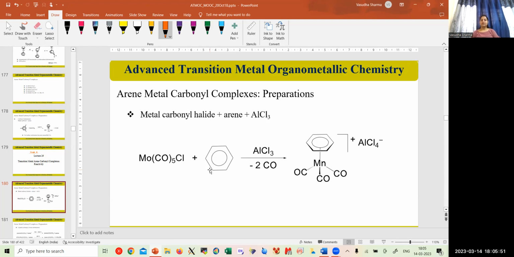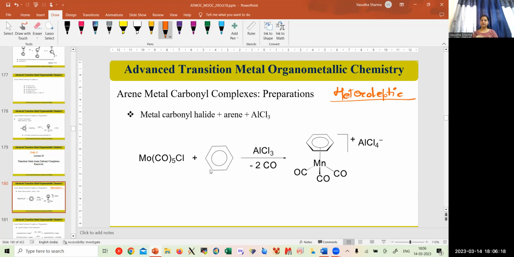Now when we have a mixed ligand, as we were looking at in the case of transition metal cyclopentadienyl carbonyl complexes, where on one side it was Cp and on the other side it was CO, we call these heteroleptic ligands, where the ligands are different, and therefore it goes from a sandwich to a half sandwich.